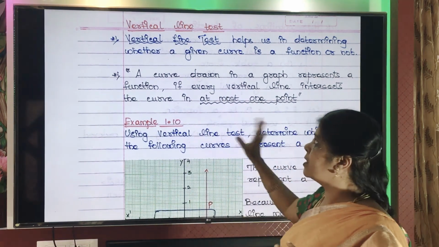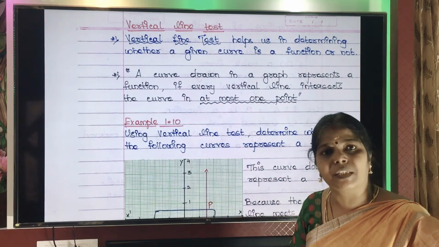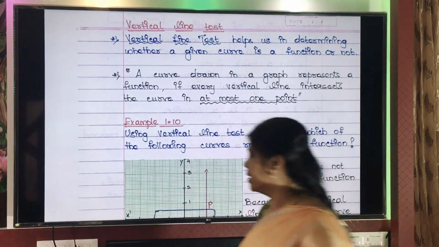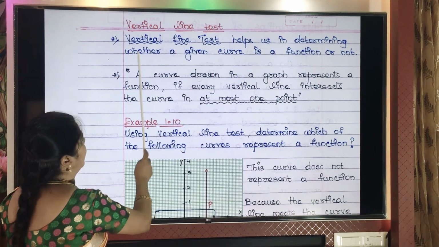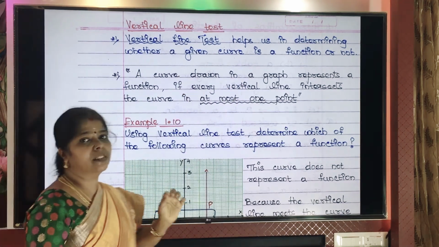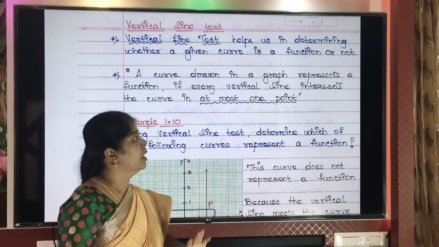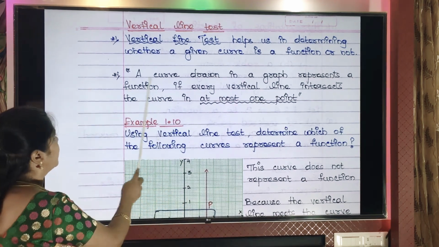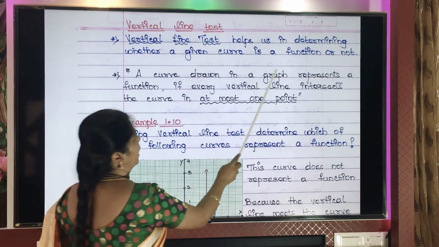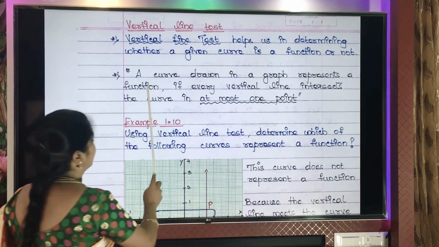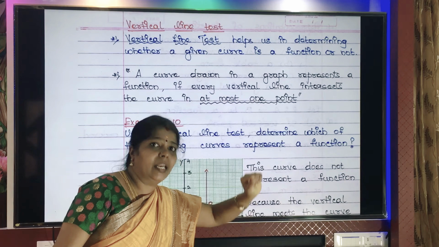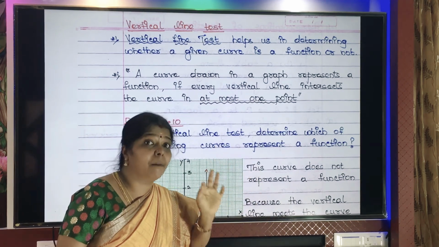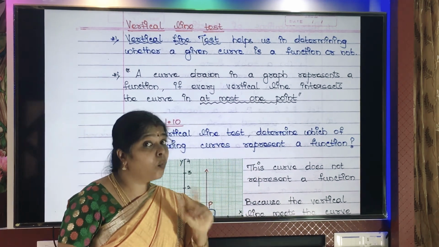That we are going to see with the help of a test called the vertical line test. The vertical line test helps us in determining whether the given curve is a function or not. A curve drawn in a graph will become a function when?